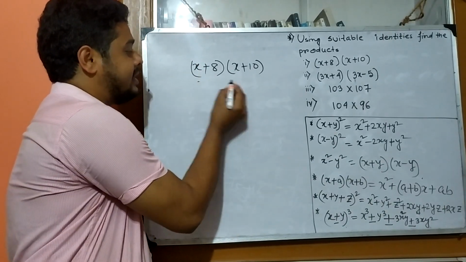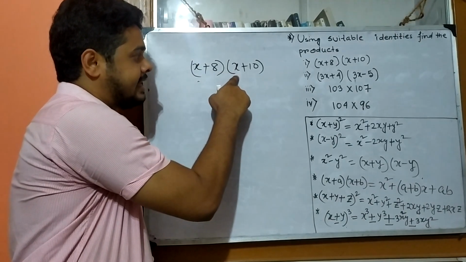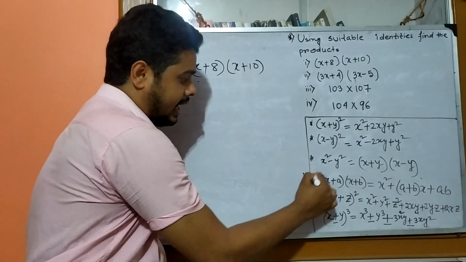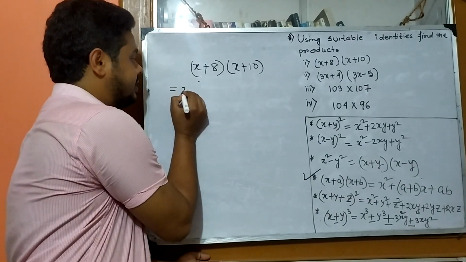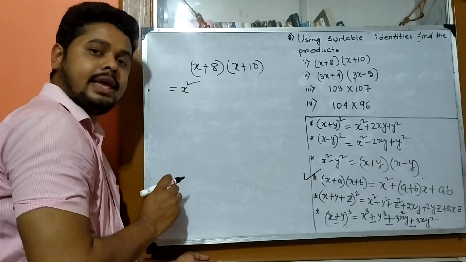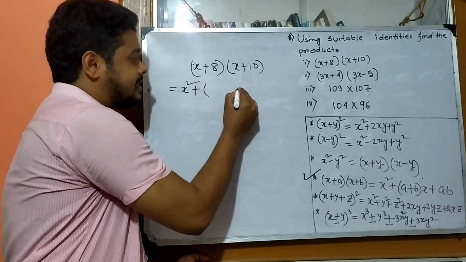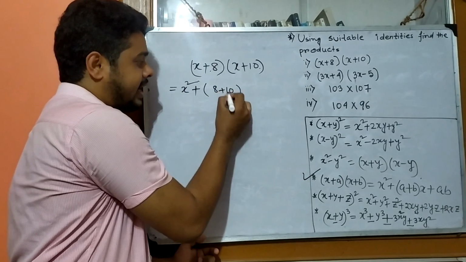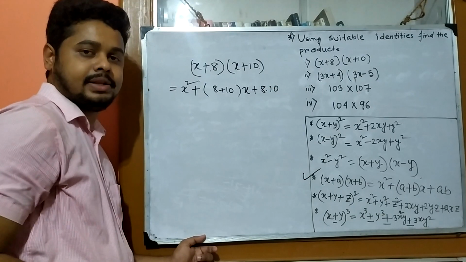Now it is clear, you can see it is clearly in the form x plus a, x plus b. So that is this identity. Clear? Now using that identity we can write x square plus a plus b, a plus b means 8 plus 10, into x plus 8 into 10.